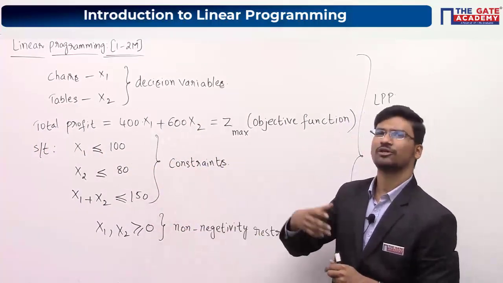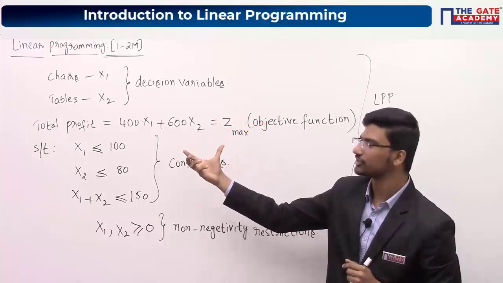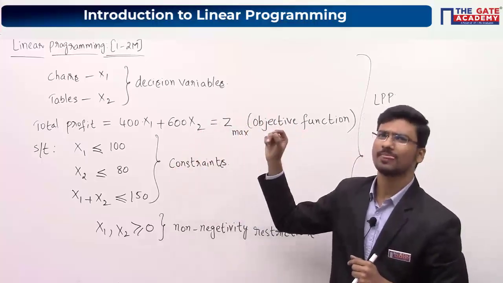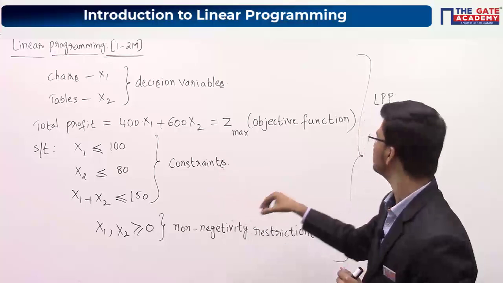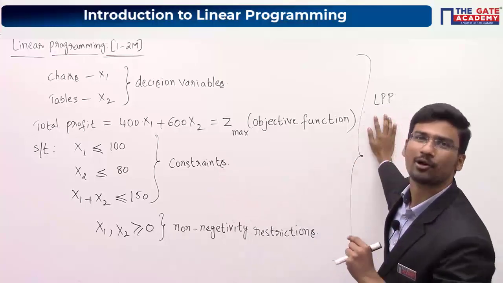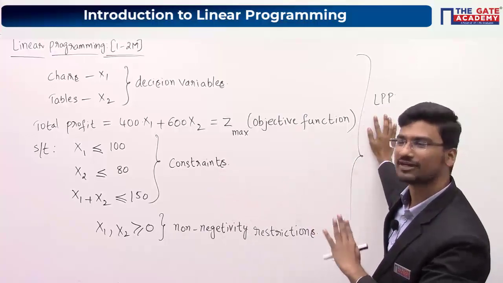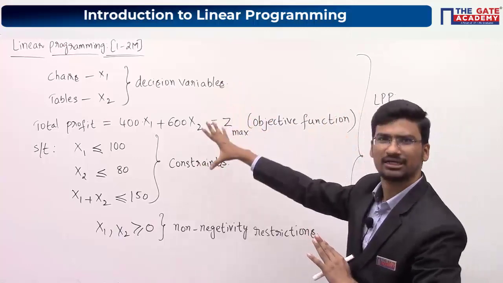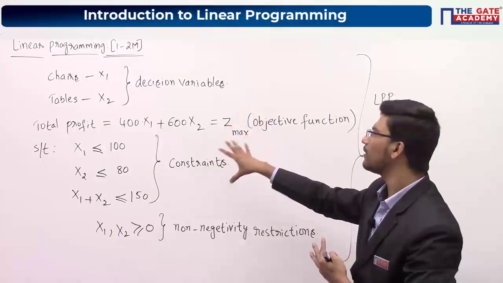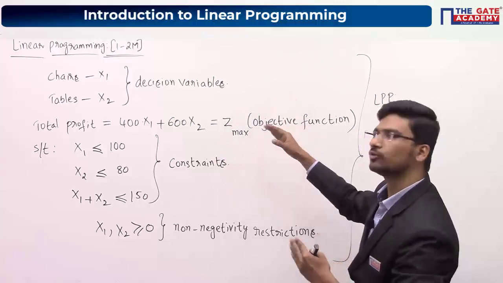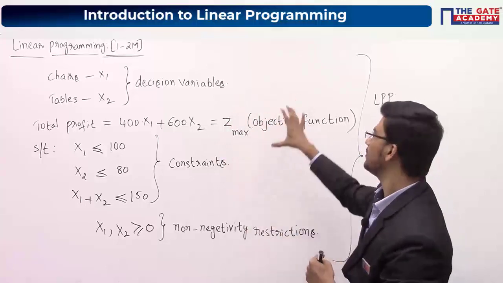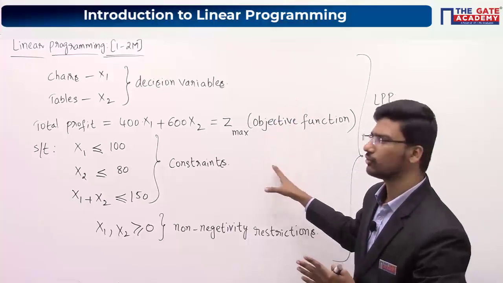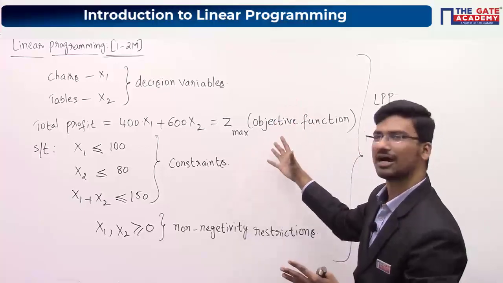If a problem has a linear objective function and linear constraints, then we call that problem a linear programming problem. I hope you got this one. From the given data we have written the problem, and after writing it, I have given some names. Throughout our linear programming chapter, we will be following these names only. Whenever they ask questions, they will ask like this only.